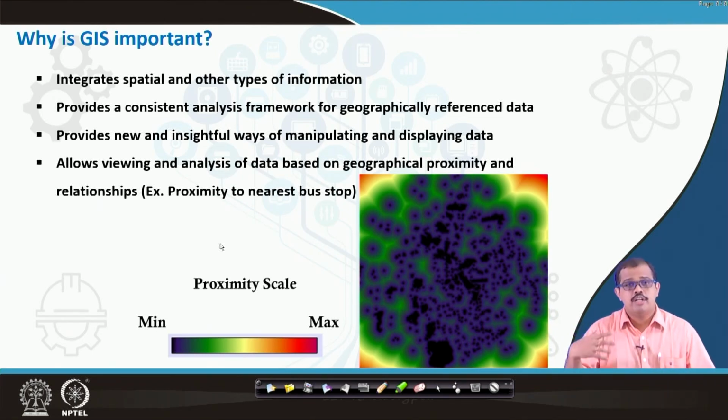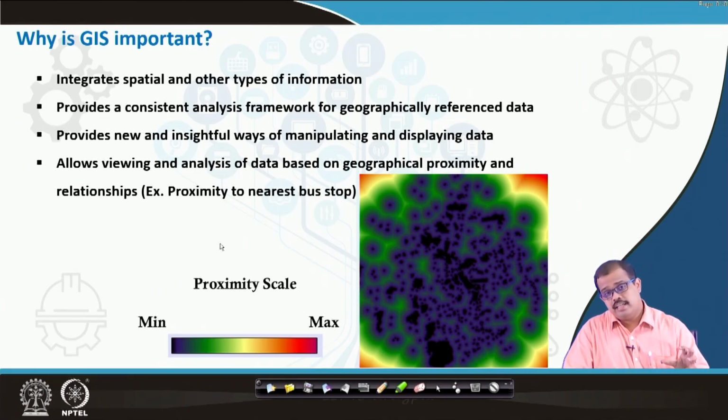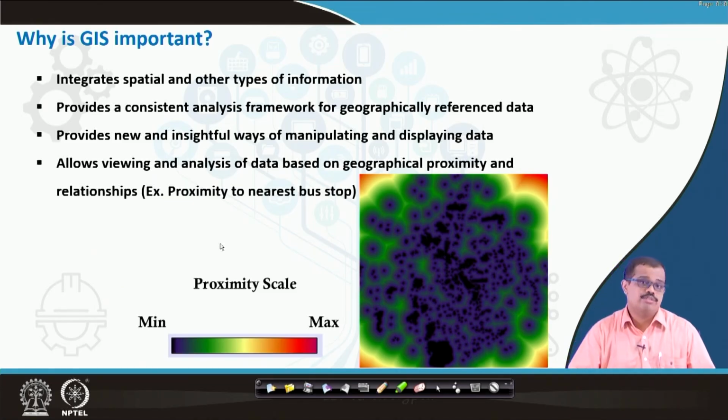Then it provides new and insightful ways of manipulating and displaying data. I did mention that GIS is also software, which means you can derive meaningful and insightful information from it. You can derive new tools and more data sets. That is how GIS helps you.